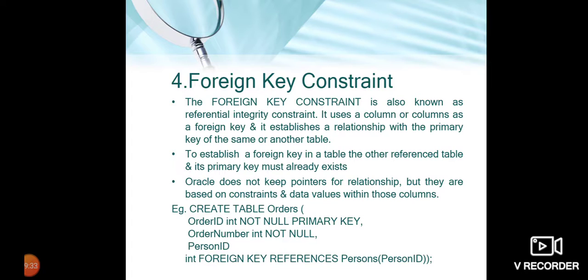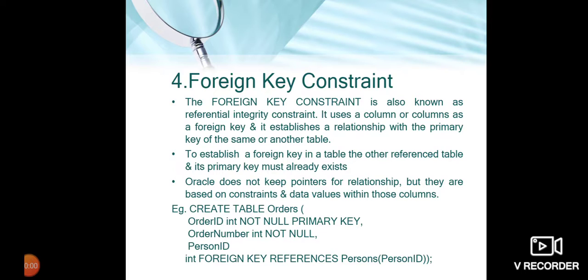Foreign key constraint. A foreign key constraint is also known as a referential key constraint, and it uses a column as a foreign key, and it establishes a relationship with the primary key in the same or another table. The example here is persons. Persons is a table. In that person table, you have the primary key person ID.